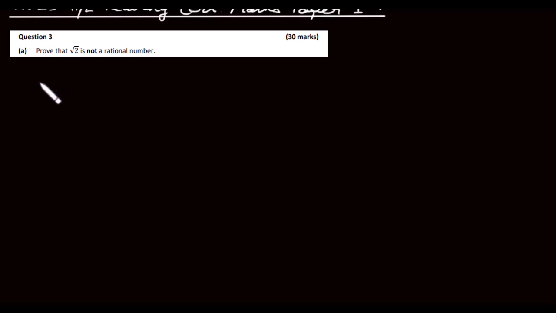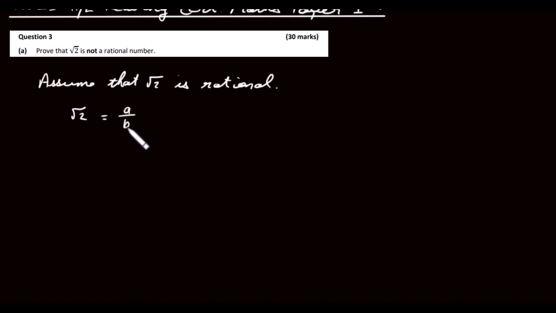So what we're going to do first here is assume that the square root of 2 is rational. That means that the square root of 2 can be written in the form a over b, where a and b are integers and b is not equal to 0.